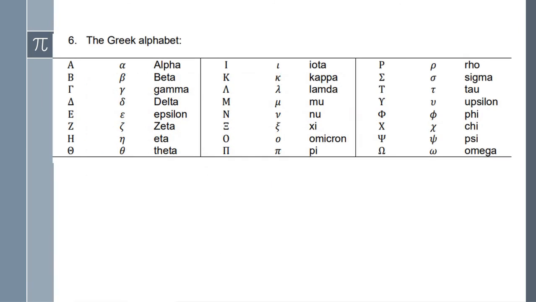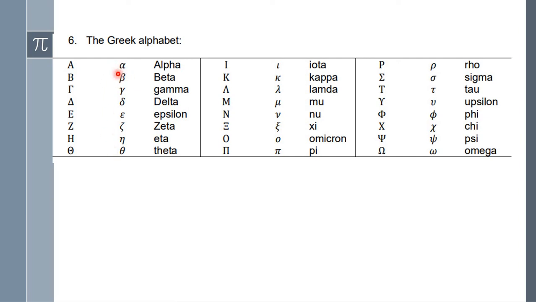These are the Greek alphabet. They are very useful, especially when you go to higher math, where most of these symbols are used. You may be familiar with pi, which we use in solving for the circumference and the area of a circle. Theta, which we use to represent angles.